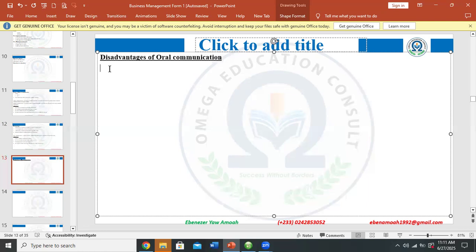So we can easily turn the advantages of writing into the disadvantages. So one, there is no permanent record. Oral communication does not give you a permanent record of the message or information. You say it and it's gone. Unlike a written one where you can refer to, right? There's no permanent record under oral communication.